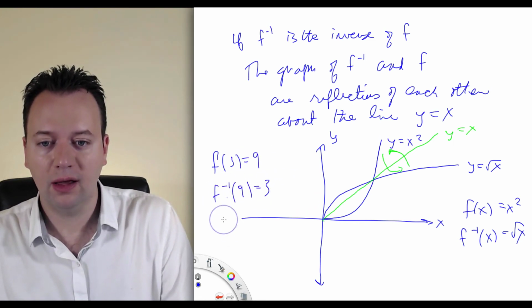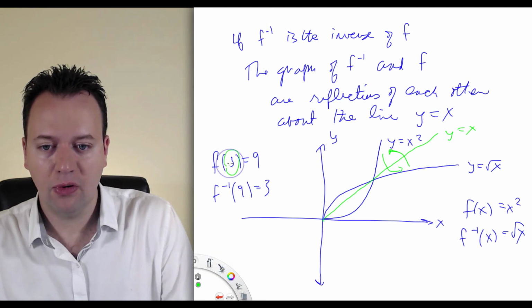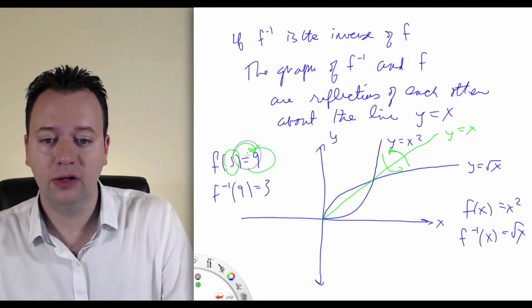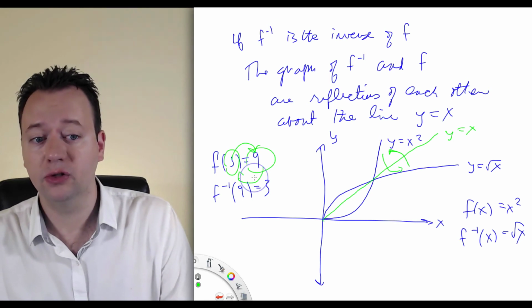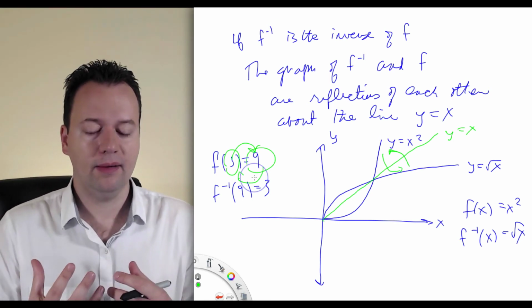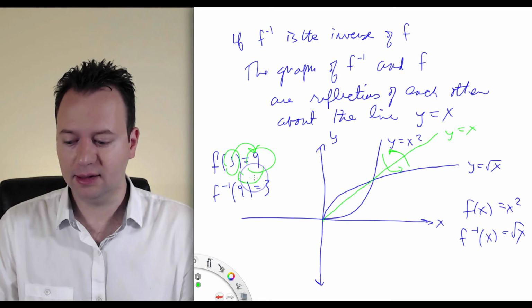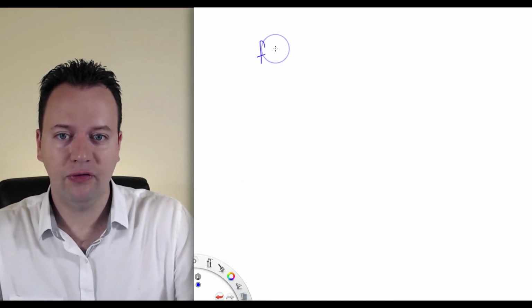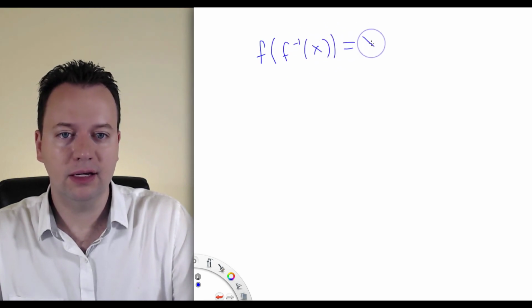It's pretty clear that if to go from the input to the output you square it, then to go from the output back to the input you have to take the square root. So basically the inverse function is something that undoes the original function. Another way of looking at that is to say that f of f inverse of x is equal to x.